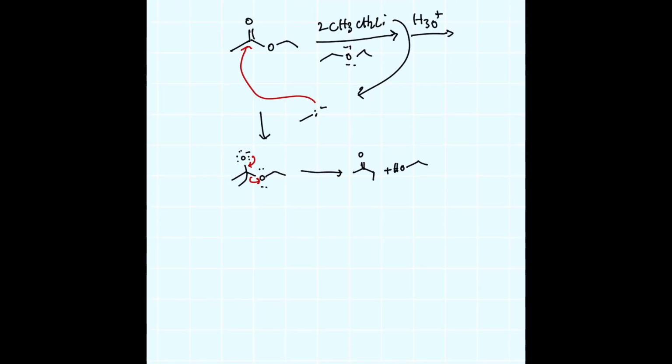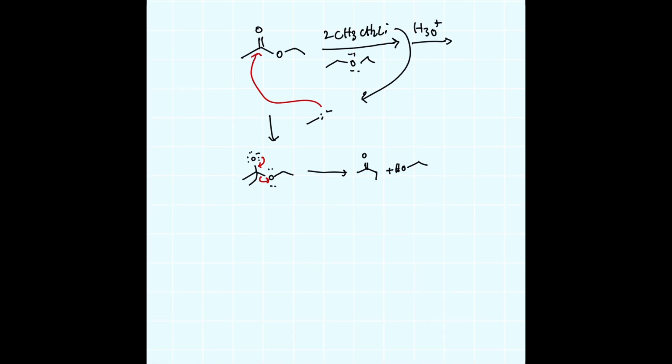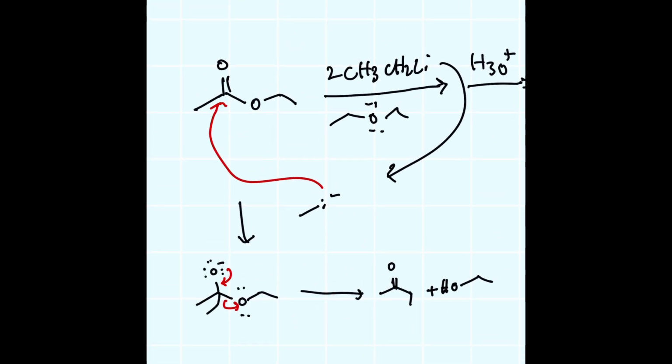So now we have two puzzle pieces. And if you guys remember from our question, we have two equivalents of our organometallic compound, which I forgot to mention, these guys are known as Grignard reagents.